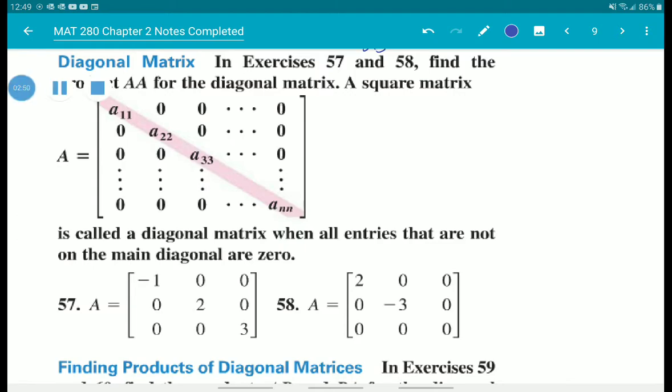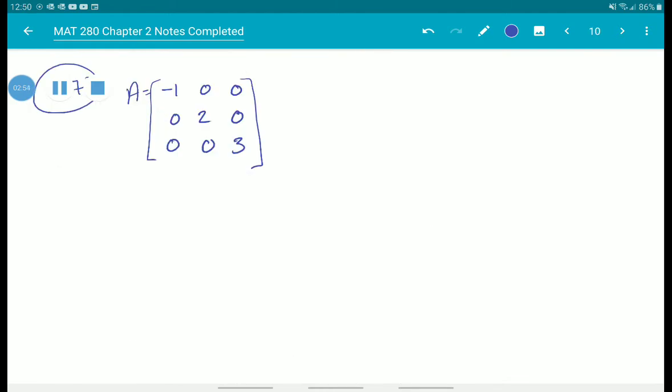Let's look at a few examples. Let's look at 57. In this case, we want to find A times A, which is really A squared. So check out what's going to happen.